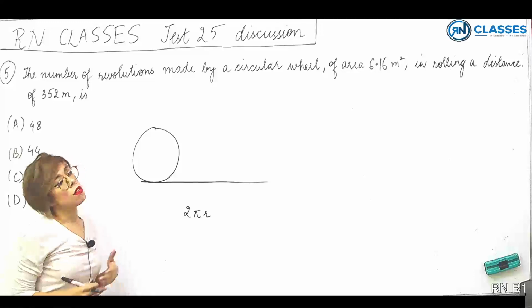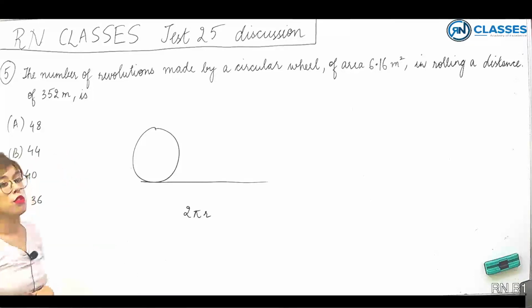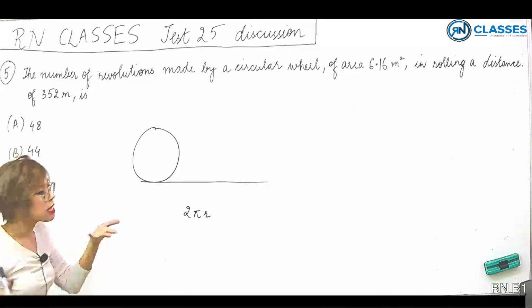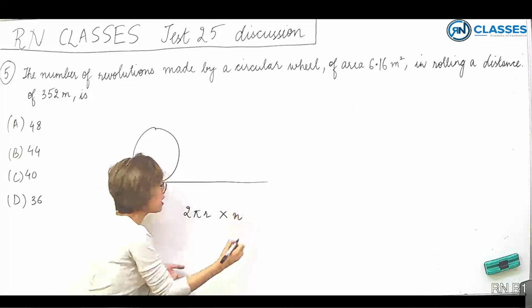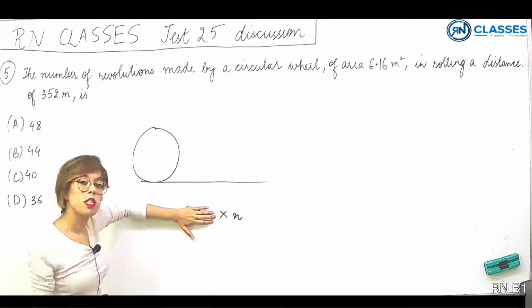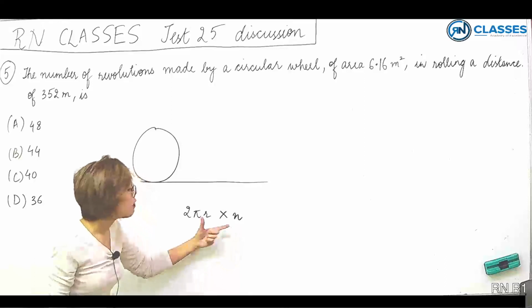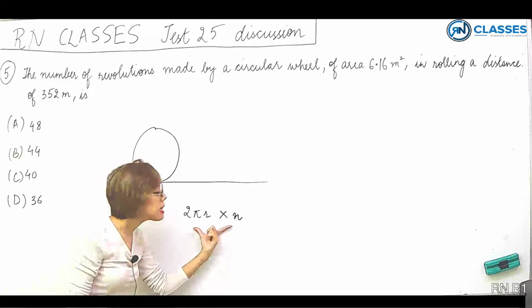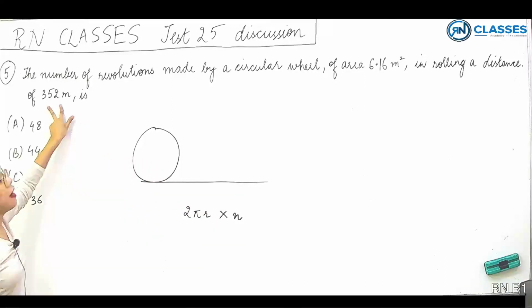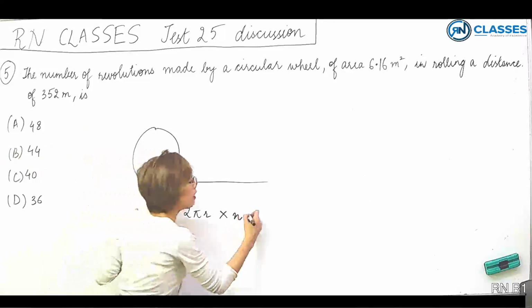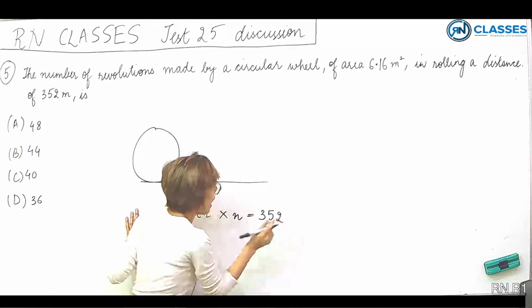Right? So he says number of revolutions. Now suppose the number of revolutions is n. Right? In one revolution it covers up this much distance. In n revolutions it will cover up this distance. And this distance has to be 352. Right? Okay. So n I need to find out.